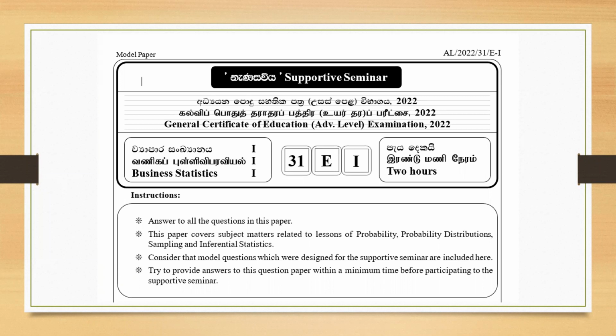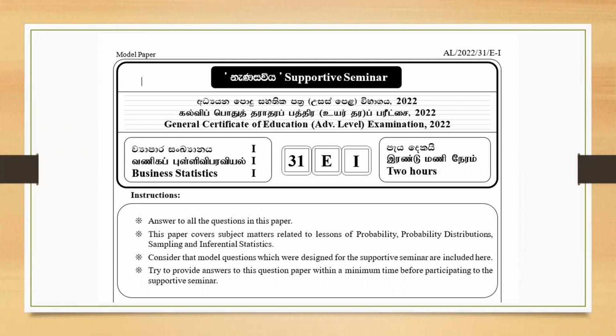Hope you may try to answer the questions in this model paper. Normally, you know that the MCQ paper consists of 50 questions and around 15, 16 questions are coming from the sampling part and inferential statistics part.